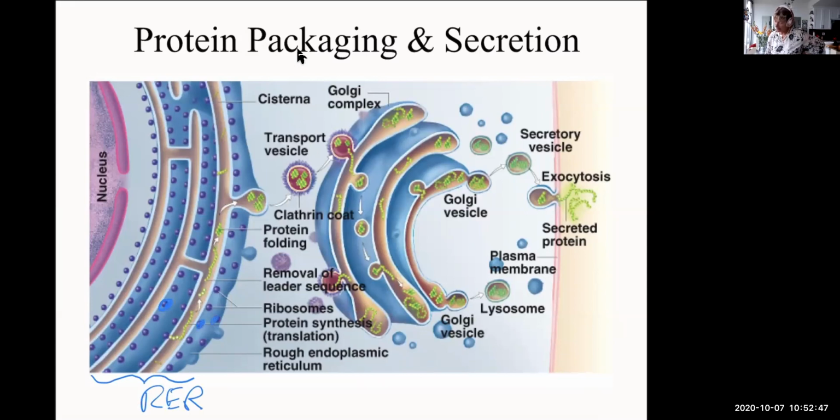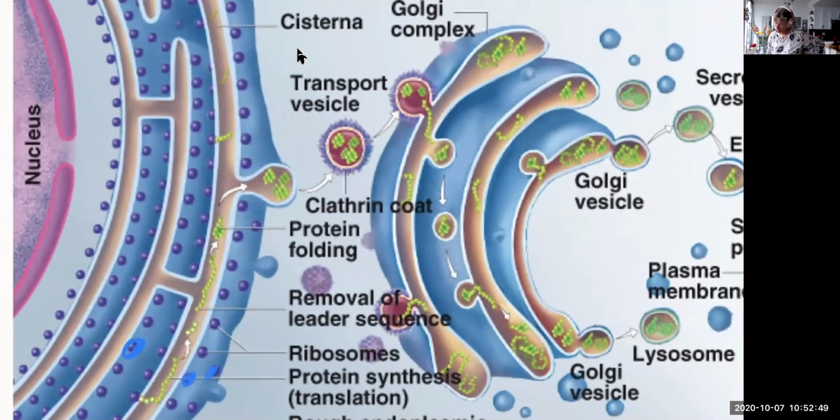And let's see if I can make this a bit larger. The protein is starting to form in here. Those are strings of amino acids. They're starting to form the strings, and they're starting to fold as well.